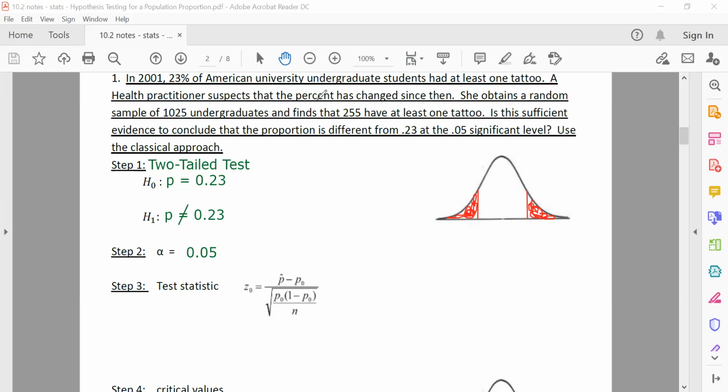Together, these two areas should be 5% or 0.05, which is our alpha. But you got to split that in half. So we're going to say 0.025 lives in there and 0.025 lives here.